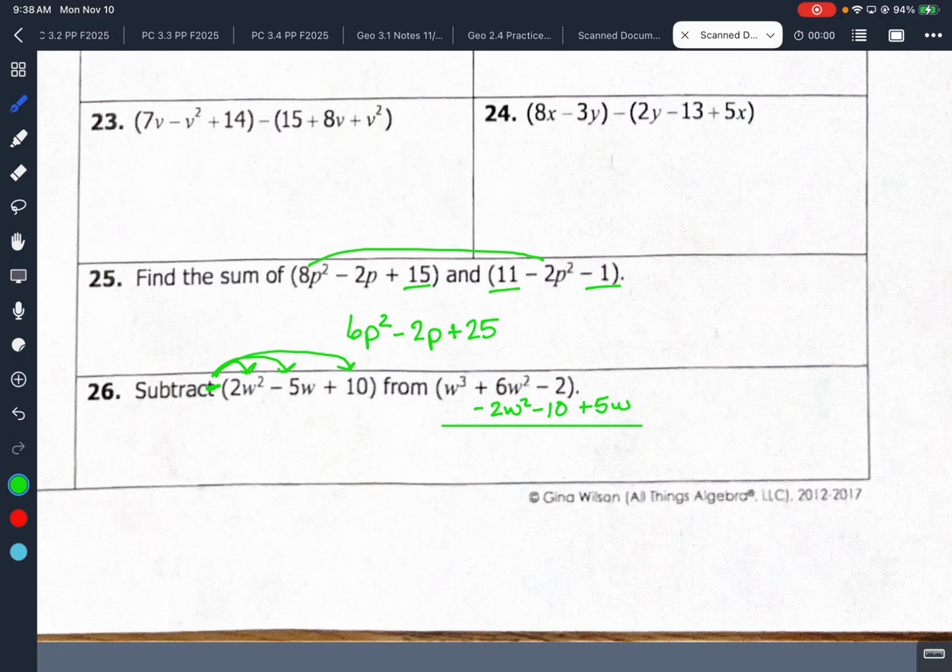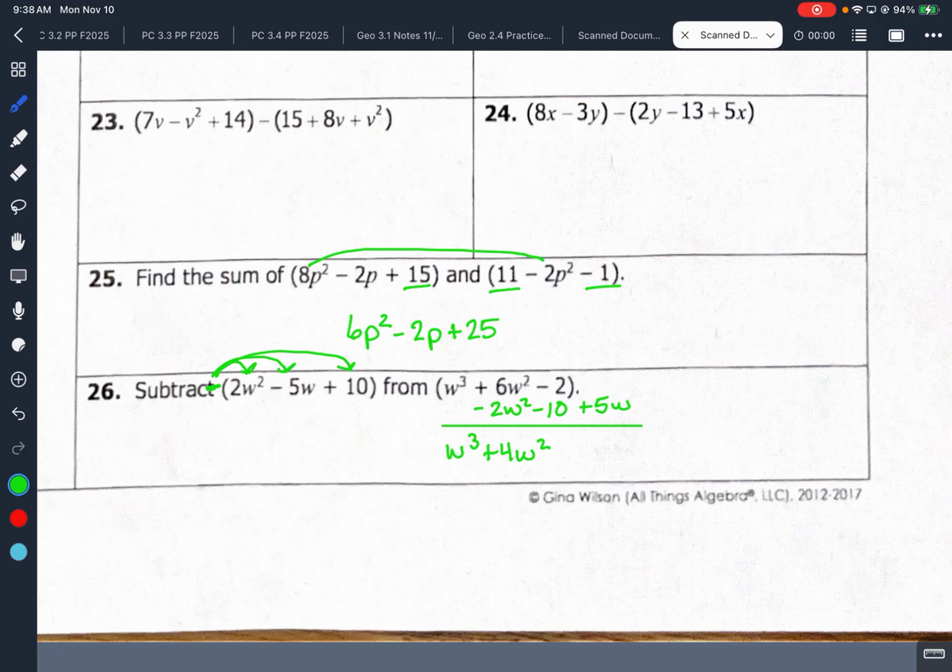So what variable is going to come first? 3. And I'm just going to drop it down because there's nothing to add to it. So I have w cubed plus 4w squared. Oh, what comes next?